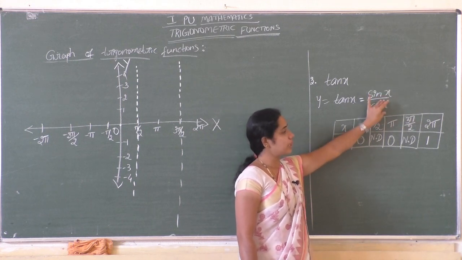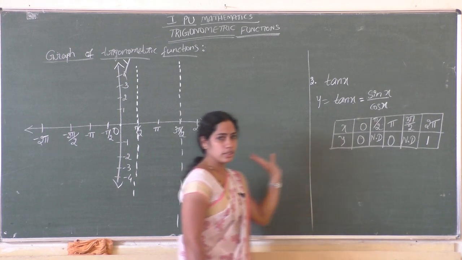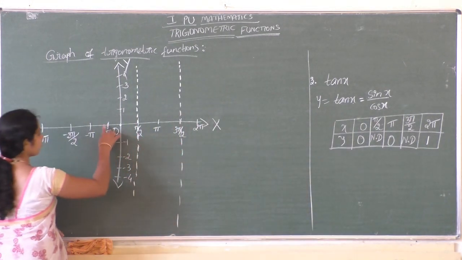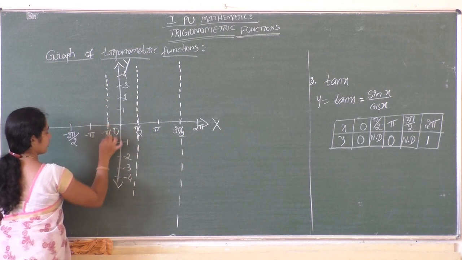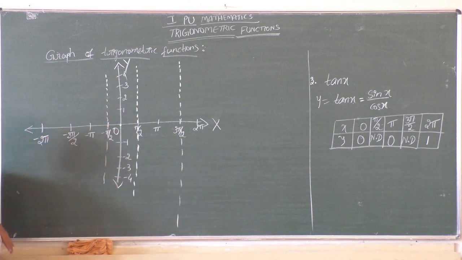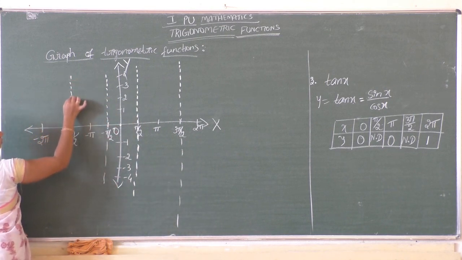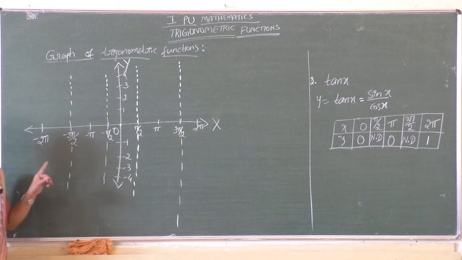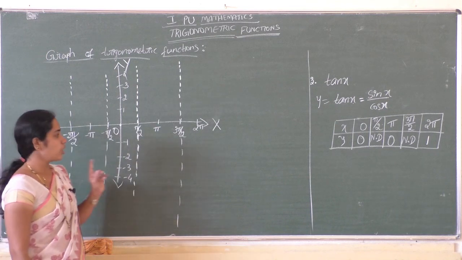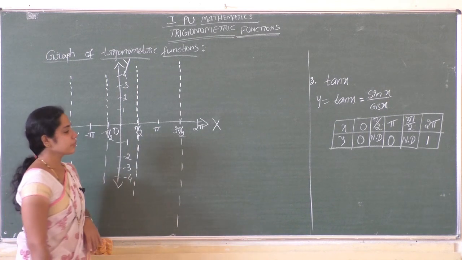So something divided by 0 is not defined. So for minus pi by 2 also the function is not defined. For 3 pi by 2, the function is not defined. Put a dotted line because for that particular value the function is not defined.